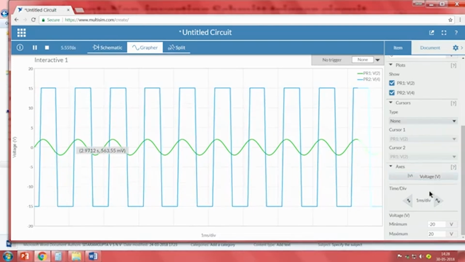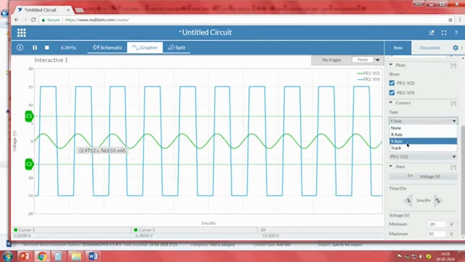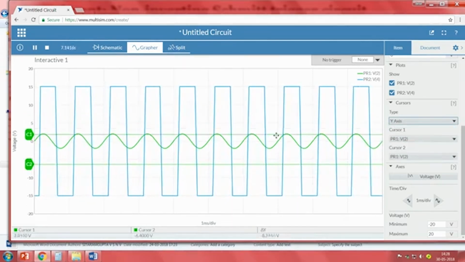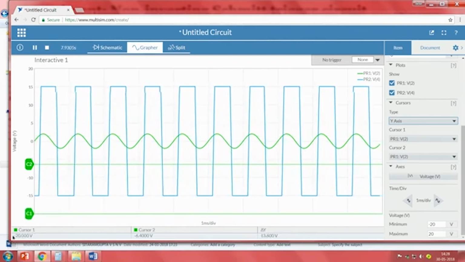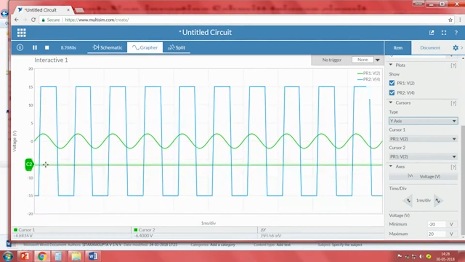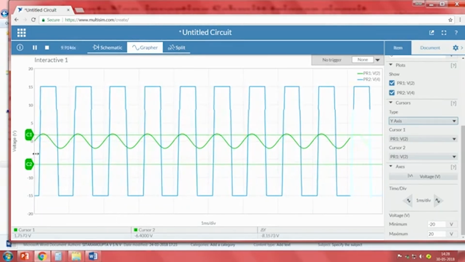I will go to the y axis cursor. One cursor should be at 1.5 volts, right. When you look at this particular point, we can see where exactly the cursor is. Cursor 1 is somewhere around 1.8, so I have to make it 1.5.